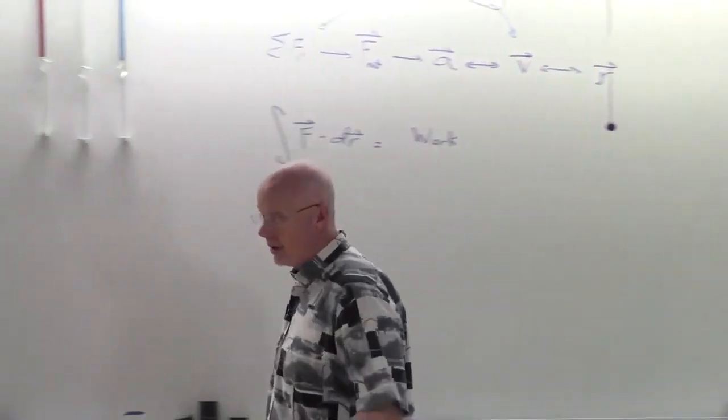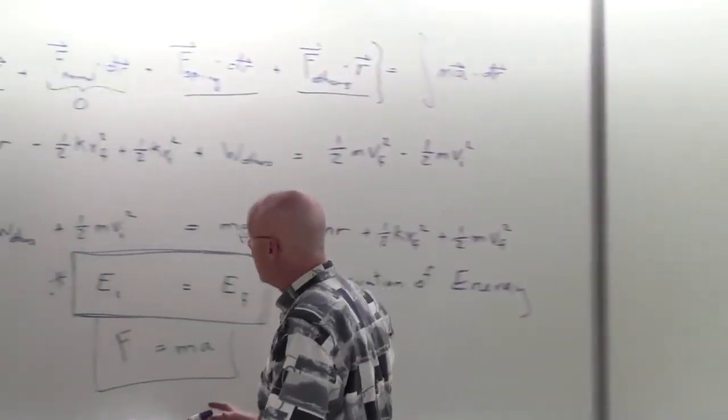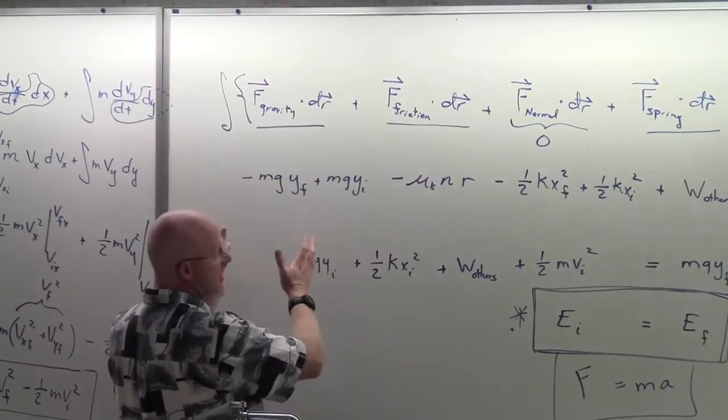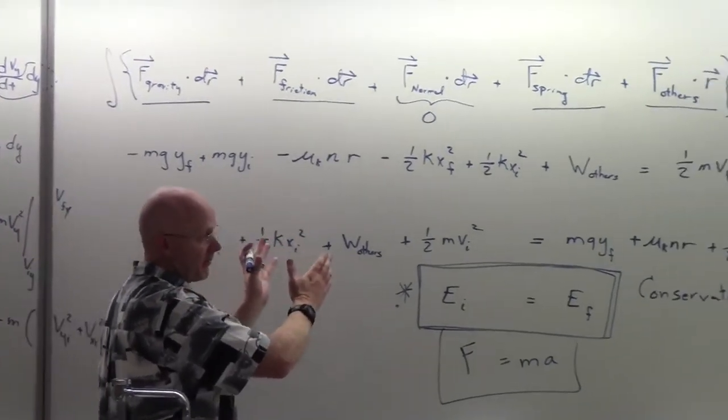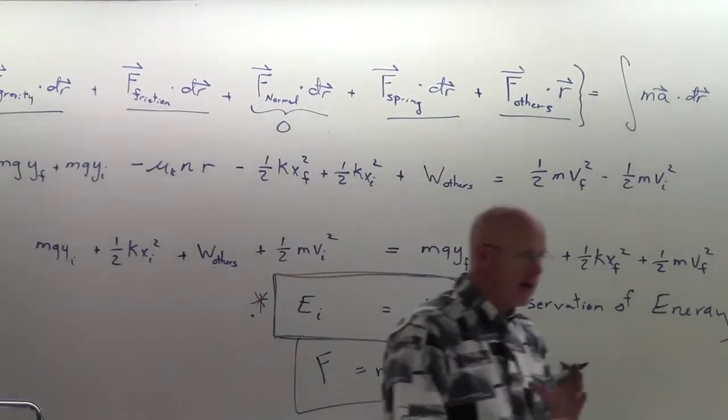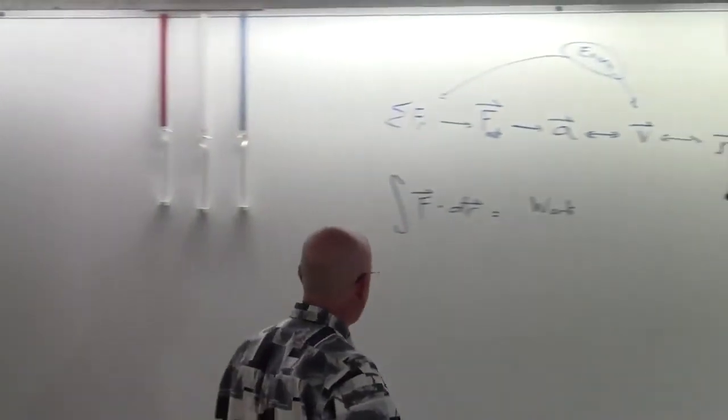Now, I don't know if you caught this, but a lot of these equations I left on this side, and then I brought them over to here. Well, we'll get back to that minus sign in just a second.